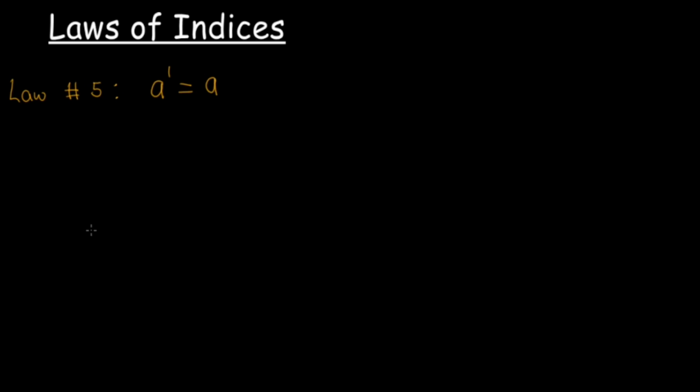And the final law that we'll be looking at for this video, any term raised to the power 1 is equal to the term. So a to the power 1 is equal to a once a is not equal to 0. For example, we have q cubed being divided by q squared. We know when the bases are the same, we subtract the powers.